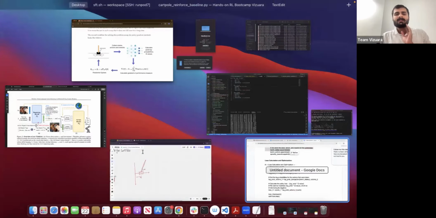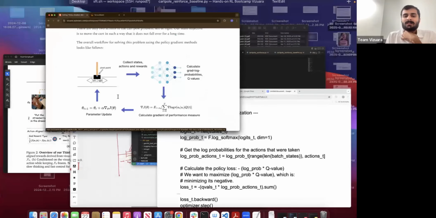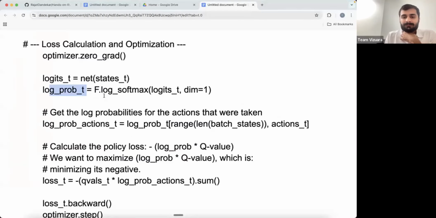Now remember in this formula, there is log of pi of a_t given s_t. So pi of a_t given s_t is going to be the output which my neural network is giving to me, with a softmax layer applied on top of it. And then we have to take a log separately, which is what is being done here. We are doing a log softmax, which calculates softmax and then takes a log.